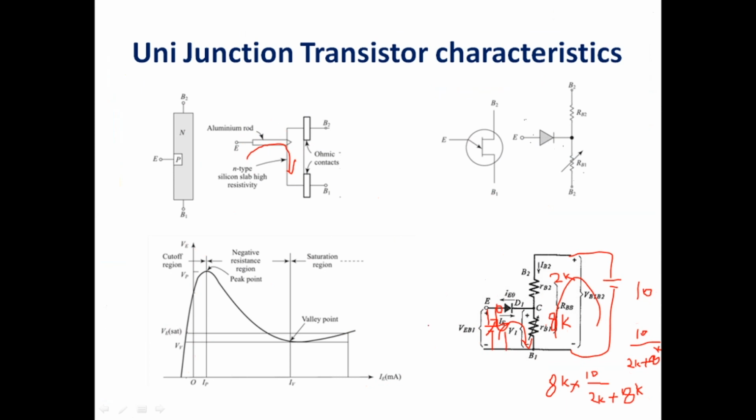Whatever the voltmeter shows is the emitter voltage, and the current meter value is the emitter current, and we are plotting that. Initially, when the emitter voltage is 0 or so, no current is flowing, so the emitter current is 0.